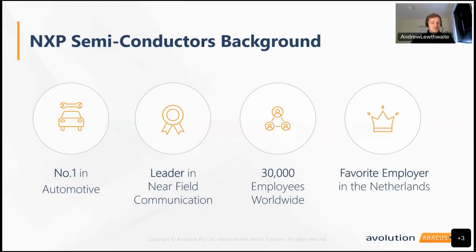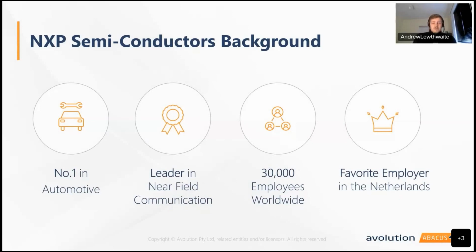And they are the number one supplier in the automotive industry for these types of items. So cars, airbag sensors, remote access keys, things like that. These are the type of areas that they would work in. And they're also a leader in that type of field as well, with a number of different employees worldwide, and clearly a great employer to be working for.